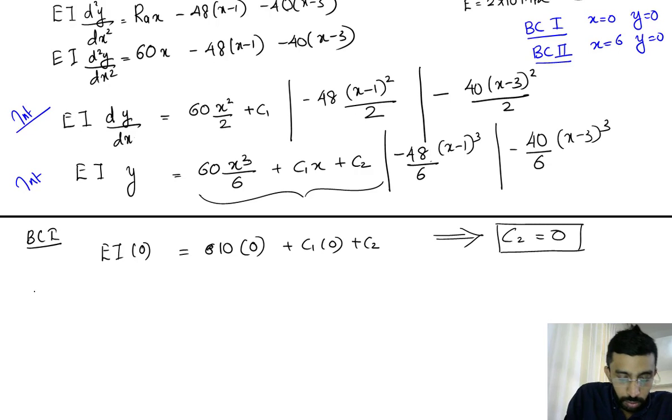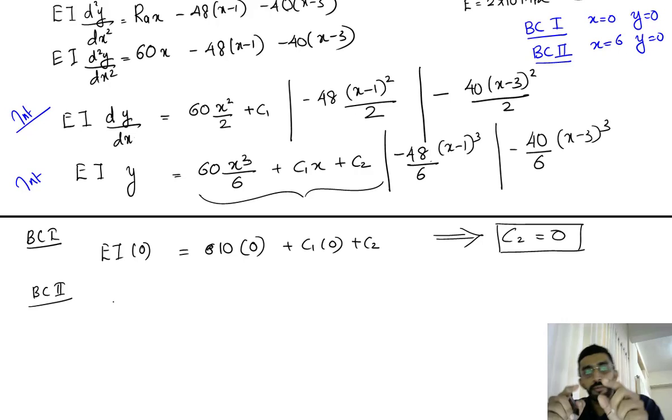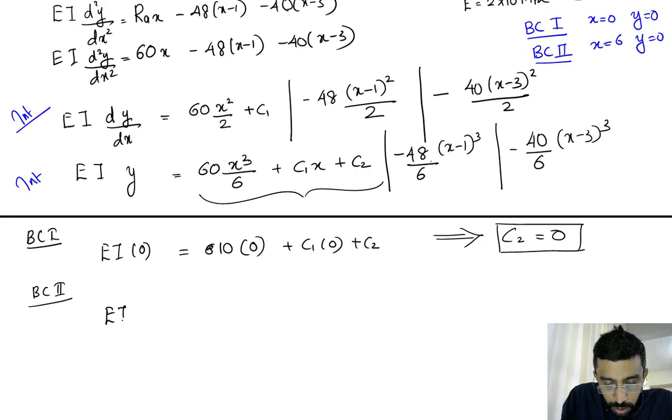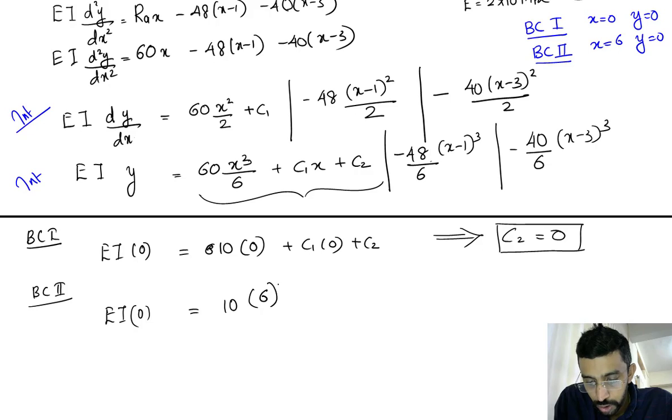Right. Now let's substitute the second boundary condition. Second boundary condition means at B. B is located in DB. That means you have to consider all the three blocks. That's how I explained Macaulay's method. So when I substitute, EI into 0 is equal to 10 into L, which is going to be 6, so 6 cube, plus C1 into 6.